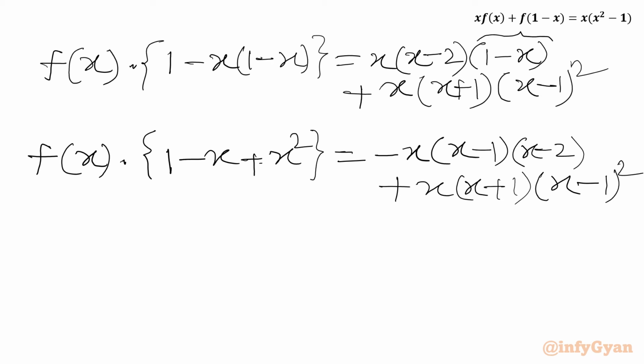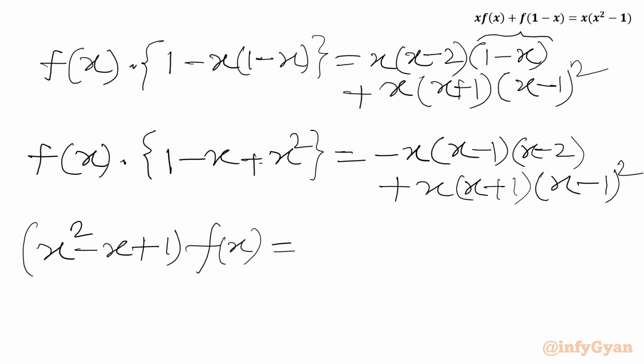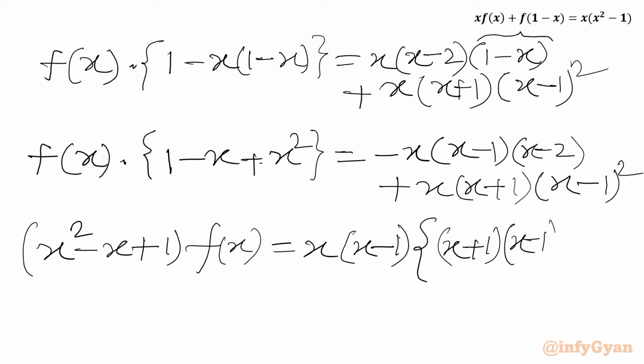Now we will write our LHS as (x square minus x plus 1) times f(x). The RHS will be, we will take x minus 1 common now. x times (x minus 1). So in the bracket we will get minus of (x minus 2). And from the second term we will write (x plus 1) times (x minus 1). And then from the first term we will write minus of (x minus 2).